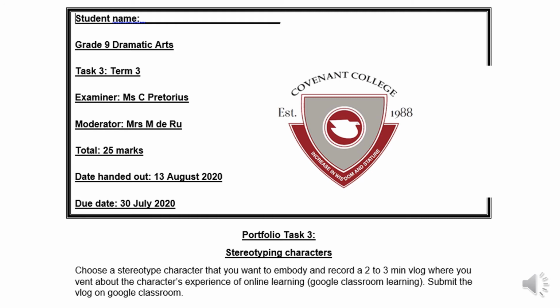So for example, if you take a nerd, you embody the nerd, they will have a completely different view of online learning to, for example, Poppy in the school, a popular pretty girl in school who doesn't really care so much about the learning. So what will she say about online learning, and what will the nerd say? What will a jock say about online learning? They will obviously not like online learning that much because they are just into sport and impressing the girls and so on, and now they must just sit at home and work all the time.